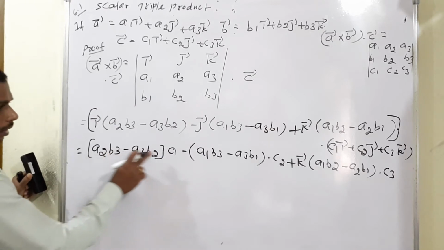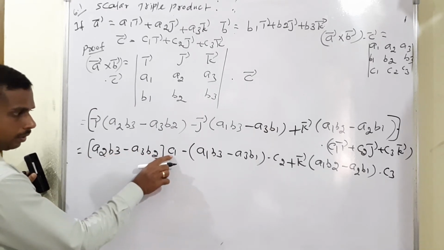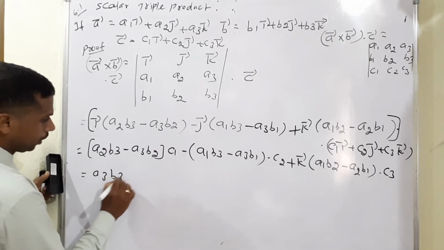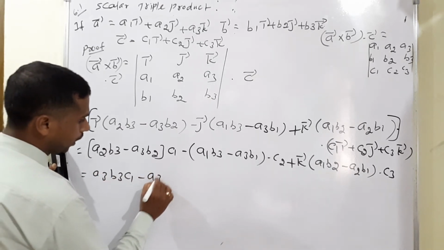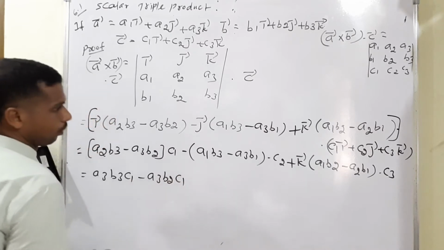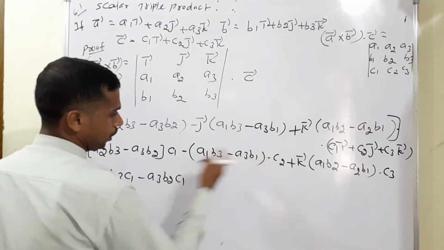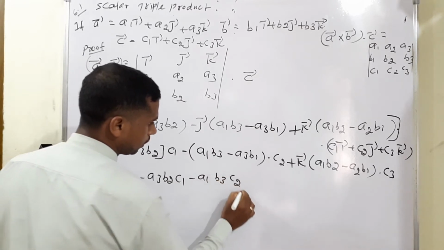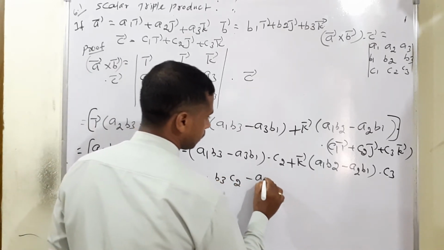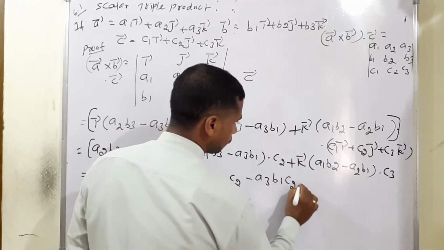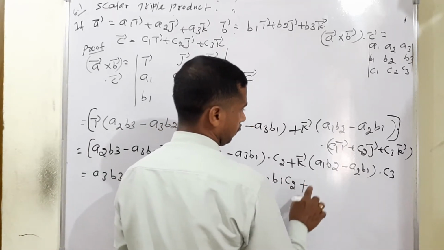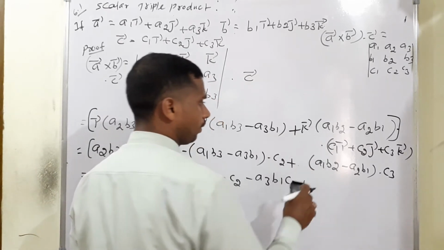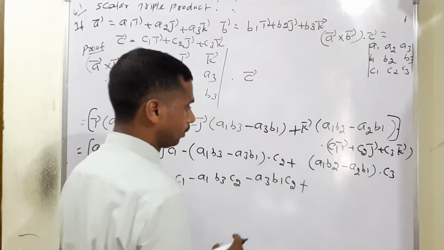Now each and every term completely, first term multiplied with dot C1 means what will happen? A2 B3 C1 minus A3 B2 C1. The next condition into C2, minus A1 B3 C2, then minus A3 B1 C2, plus, no need for the k term because k vector dot k vector means value we have 1.